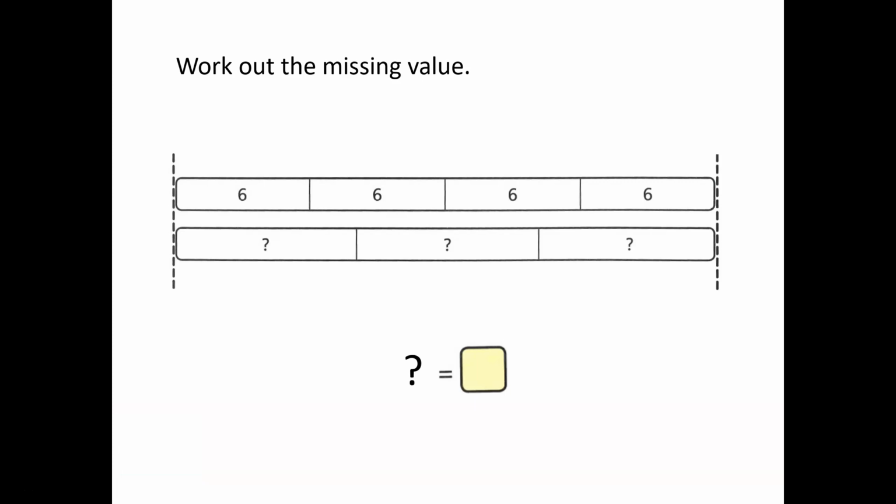We can calculate the total by 4 multiplied by 6 is equal to 24. So we know that the total shown on that bar model is 24.